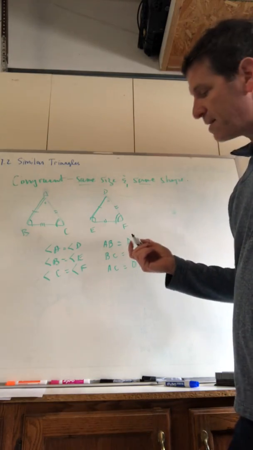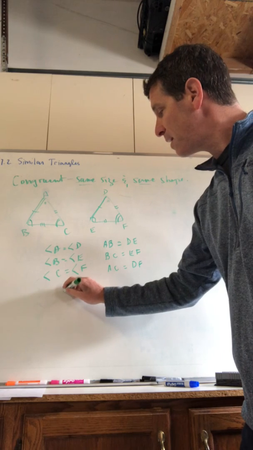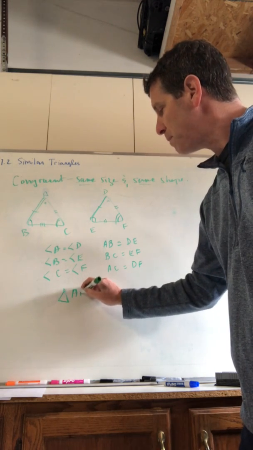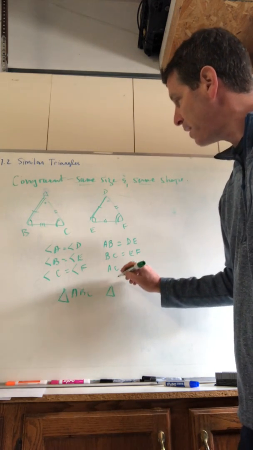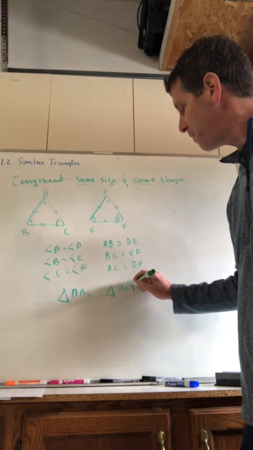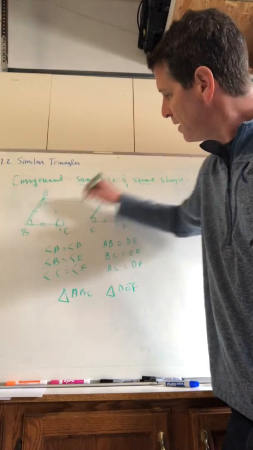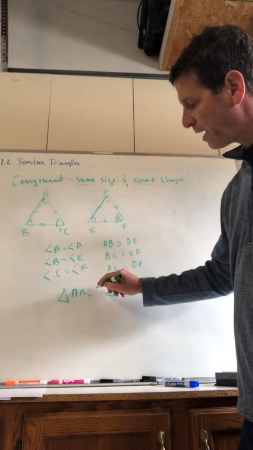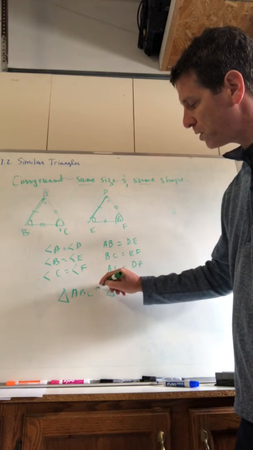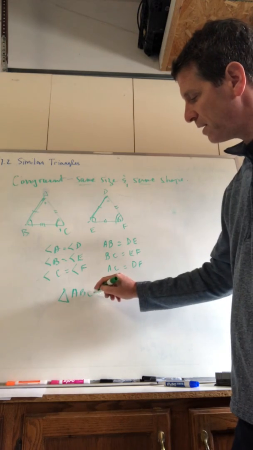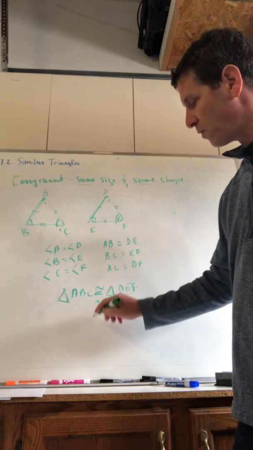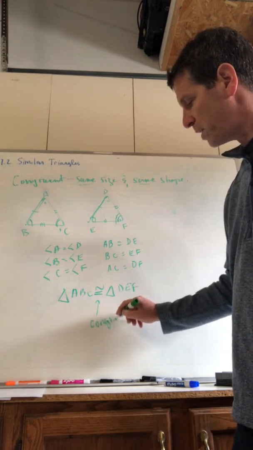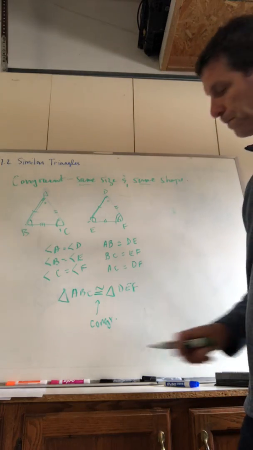And the way we write that down is we can say that triangle ABC and triangle DEF. Notice that I went A, B, C, D, E, F. I wrote them in the same way. And congruent. The symbol for congruent is this little squiggly line with an equal sign underneath. So that is the congruent indicator.